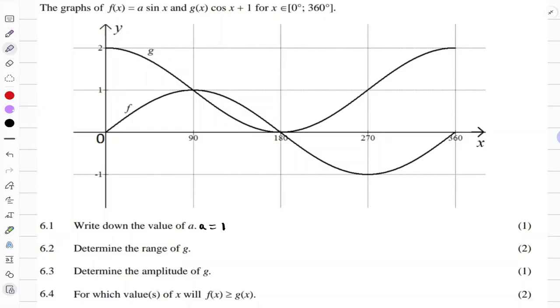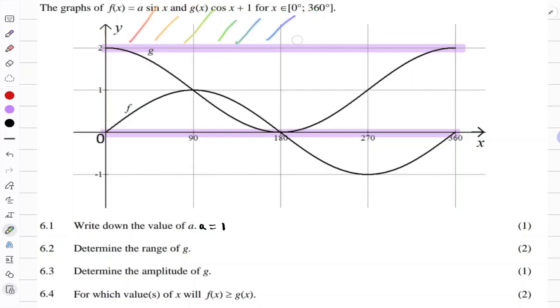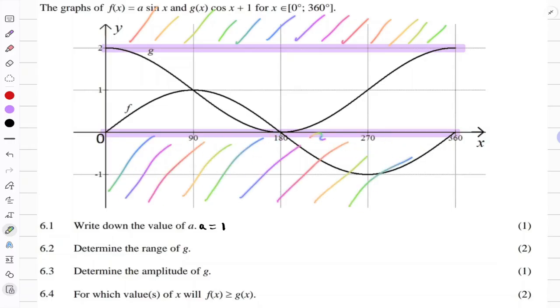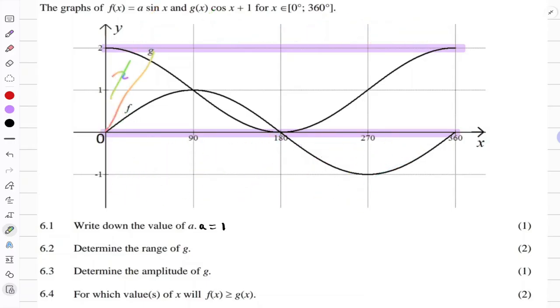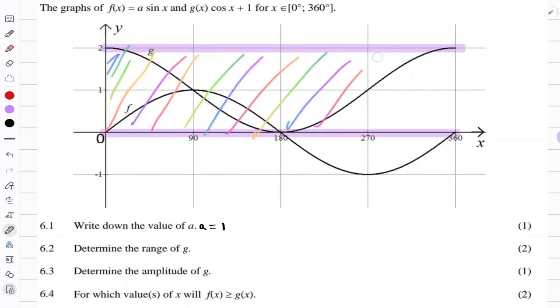Firstly, we can see that the graph g is bounded between y = 2 and y = 0, and the graph exists on these two values and nowhere else. The graph doesn't exist above y = 2 and below y = 0, but it exists everywhere in between y = 2 and y = 0.